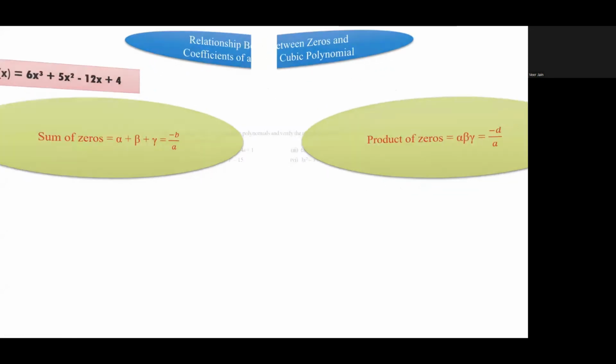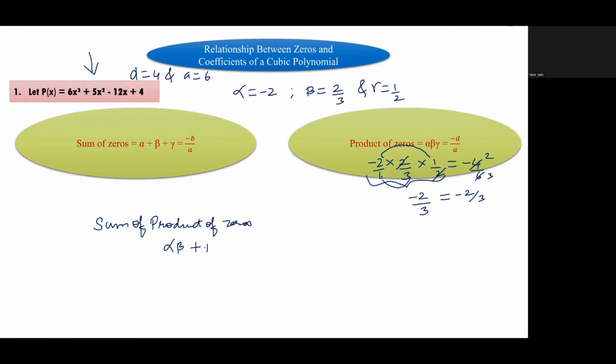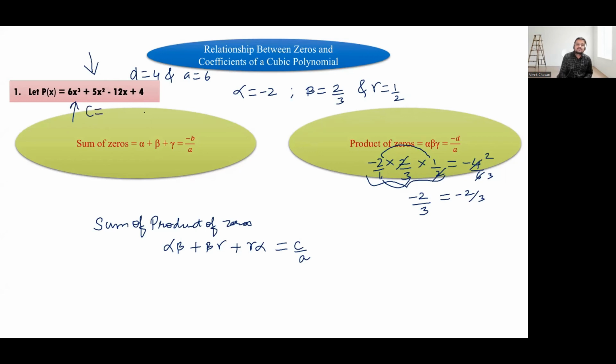It is equal to C upon A. So the next thing is the sum of product of zeros: alpha beta plus beta gamma plus gamma alpha is equal to C upon A. Yes, compare this with the general form. What is the value of C and what is the value of A? First tell me that. Yes, Veer.